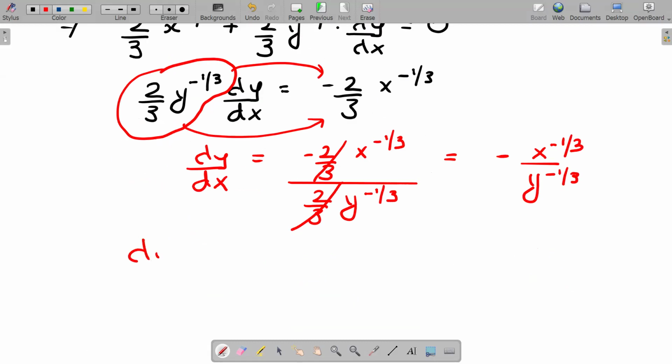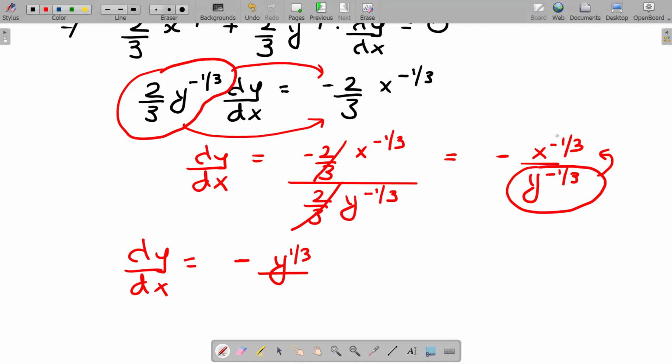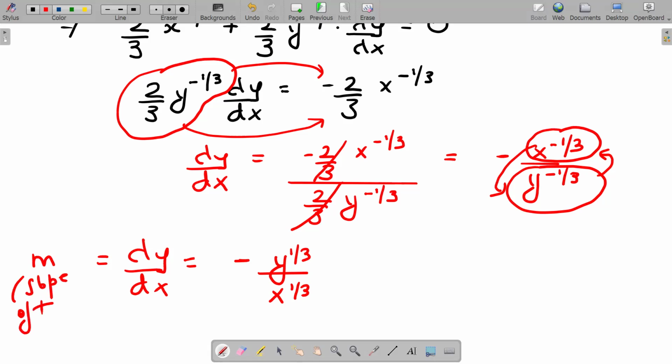If I want to make the powers positive, I can just flip the terms. If I take y to the power minus 1/3 on the top, it becomes y to the power 1/3. And if I take x to the power minus 1/3 in the bottom, it becomes x to the power 1/3. The reason I'm doing it is because I want to make the powers look positive for simplicity. So this is my dy by dx, which I also call m, which is the slope of the tangent.